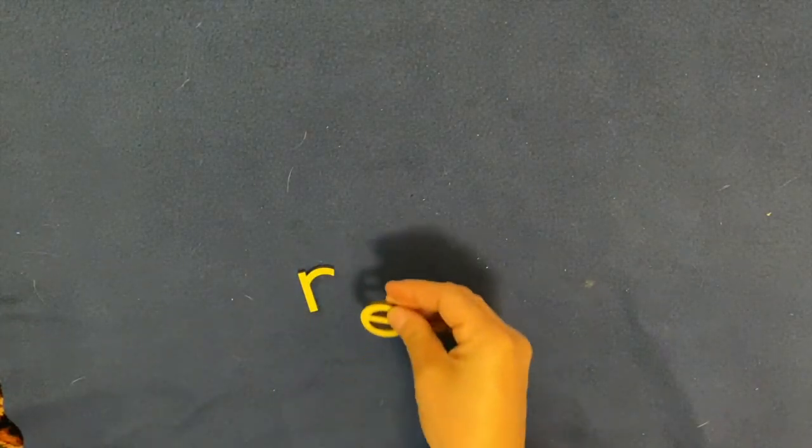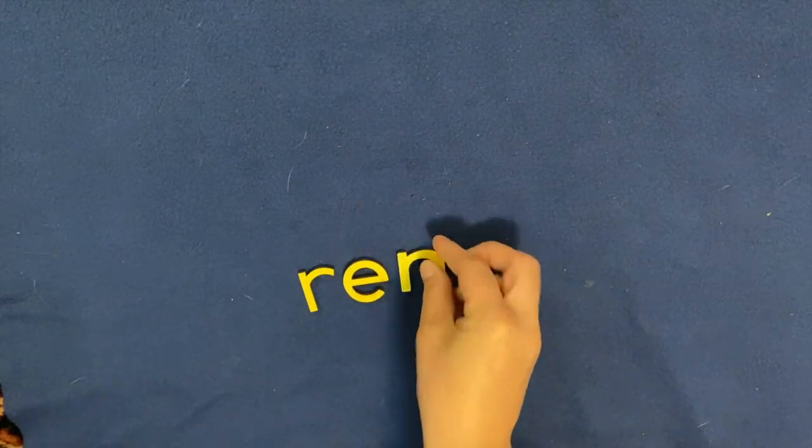If your base word ends in T or D, the ED will say id or ed. So let's make a word real quick. Rent, right?